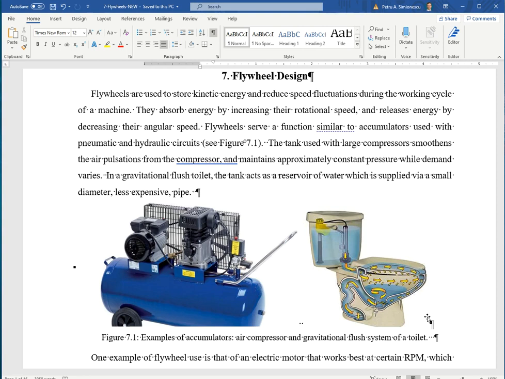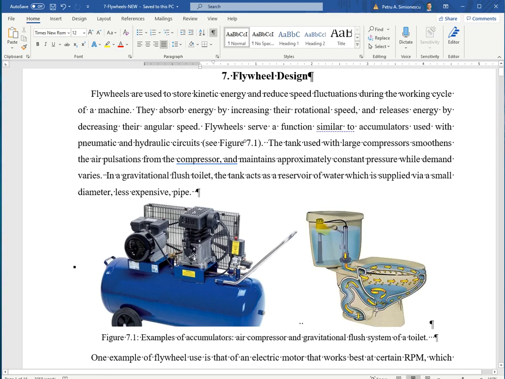But again, flywheels are used with rotating machinery, and they store energy. They increase their speed and accumulate kinetic energy when there is excess of it, and by slowing, the flywheel releases kinetic energy. I'm saying here they serve a purpose similar to accumulators in pneumatic or hydraulic circuits.